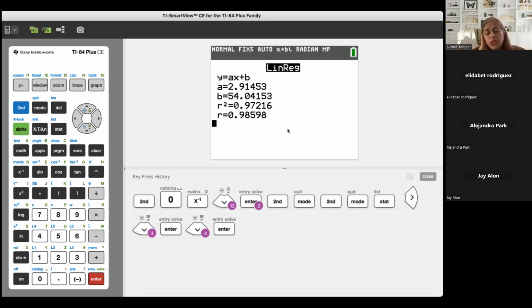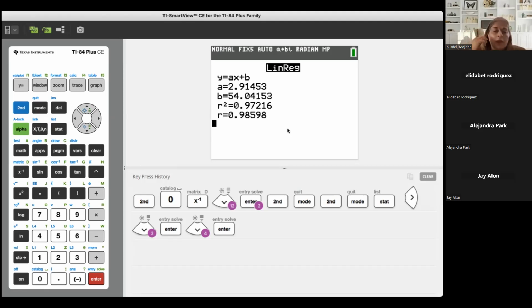Somebody was asking about the diagnostic, whether you need to reset it all the time. No, you don't need to go in and do the diagnostic every time. Once you set the diagnostic to show up and display, it will display until your calculator resets or your battery goes dead.